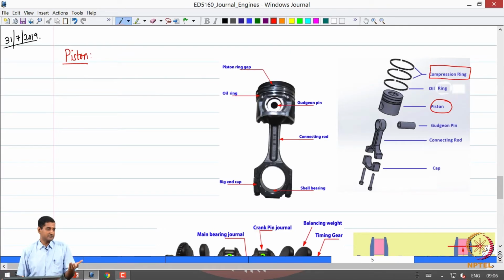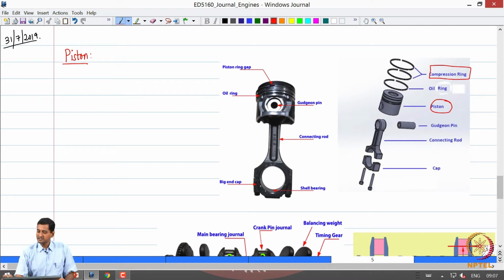The reason is obvious: during combustion, the pressures in the cylinder are going to be very high, and even if we have a small opening somewhere between the piston and the cylinder, the hot gases are going to escape and we are going to lose energy. So we want the gases generated due to the combustion process to act on the piston and push it down. We don't want any leakage between the piston and the walls of the cylinder.